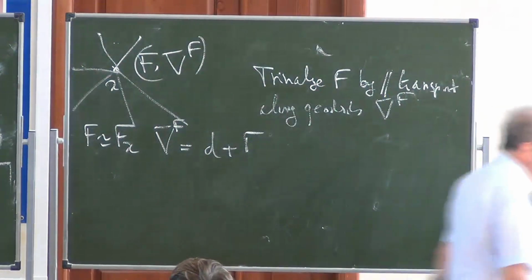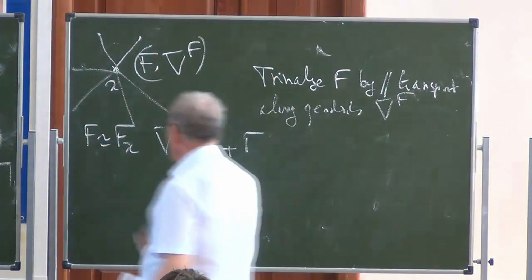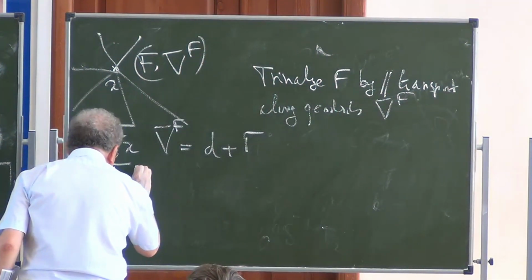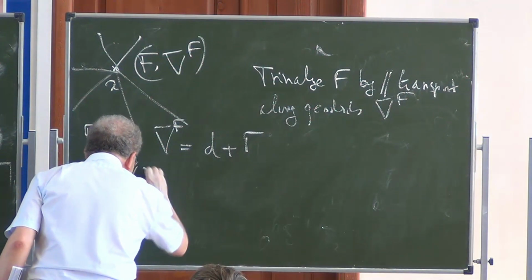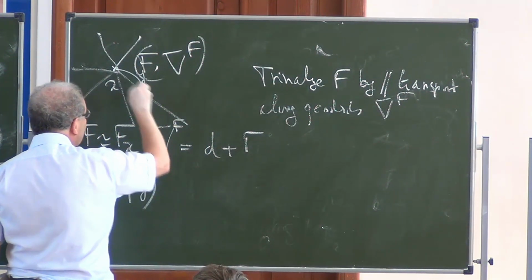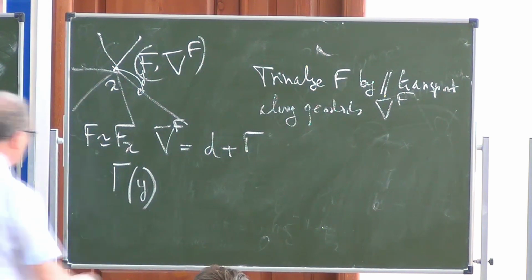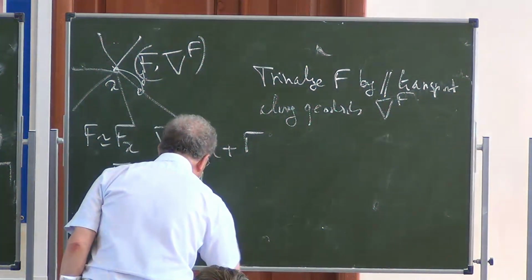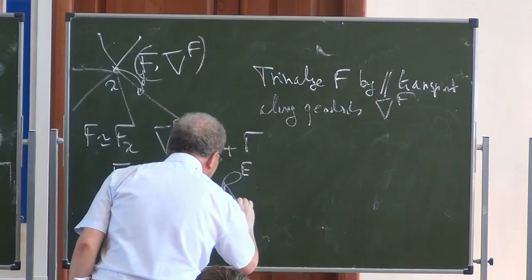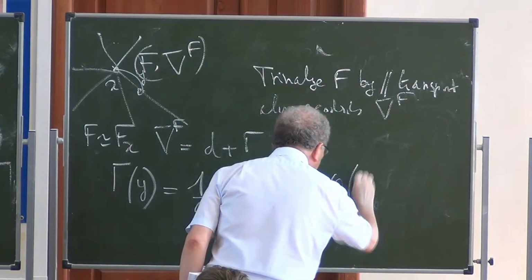And so what I'm saying is that the connection form has an expansion. So gamma at y, in other words, here the point y now in the tangent bundle, I just take gamma evaluated at y, that's a connection form, is given by 1/2 of the curvature at x of y plus O of y squared.